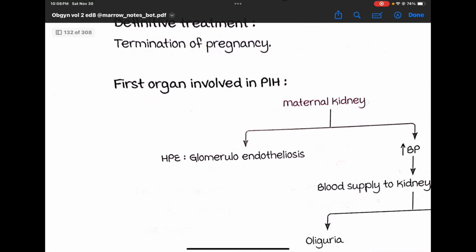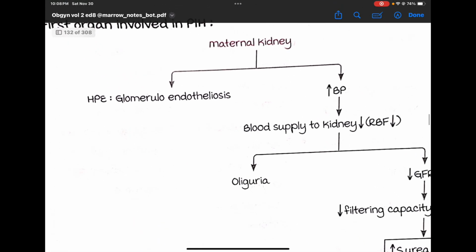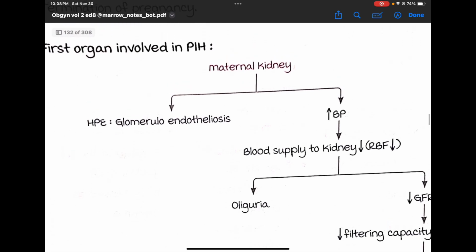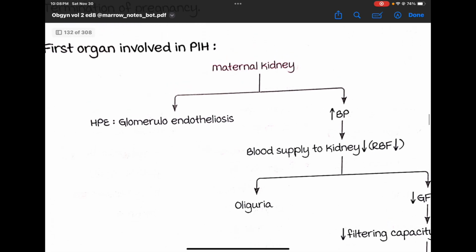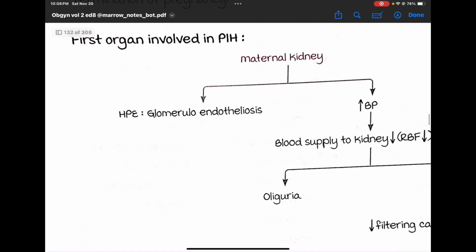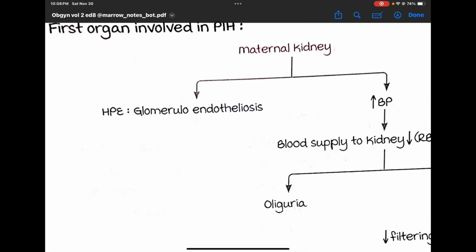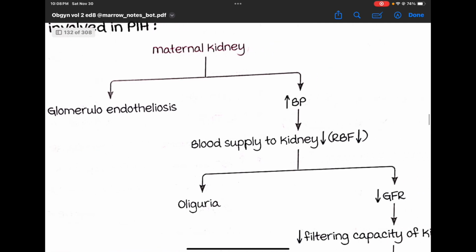Definitive treatment: termination of pregnancy. The first organ involved in pregnancy induced hypertension is the maternal kidney. Histopathology: glomeruloendotheliosis.